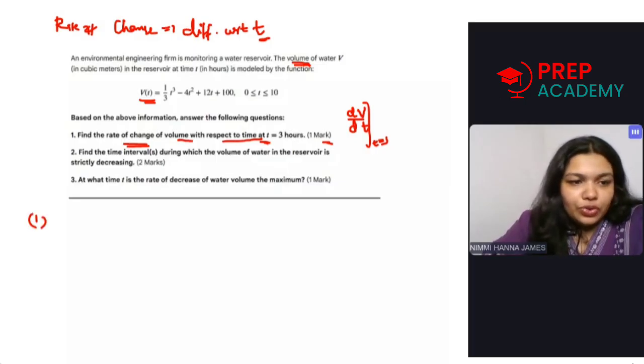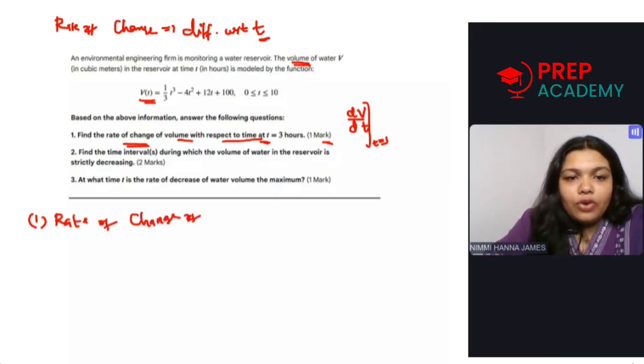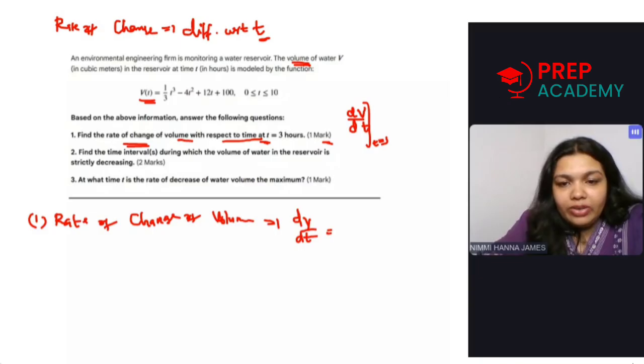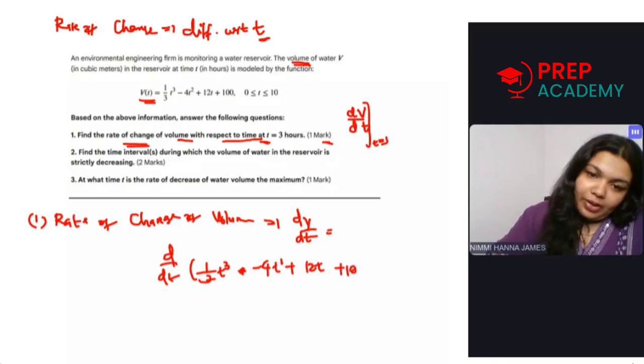So let's do that. For the first question, the rate of change of volume is dV by dt, that is d by dt of 1 by 3 t cubed minus 4t squared plus 12t plus 100.